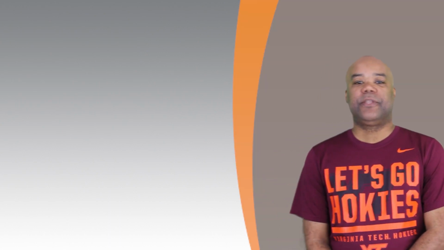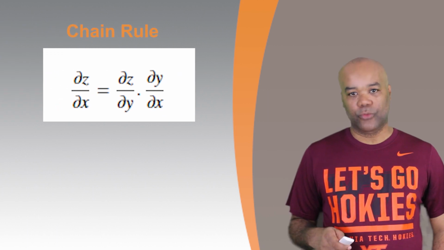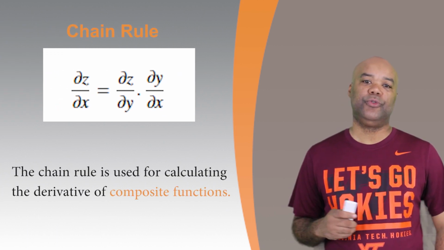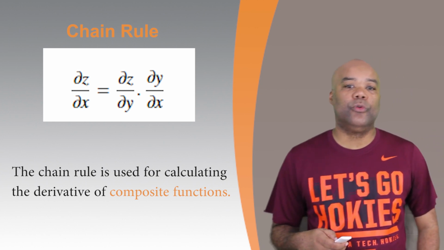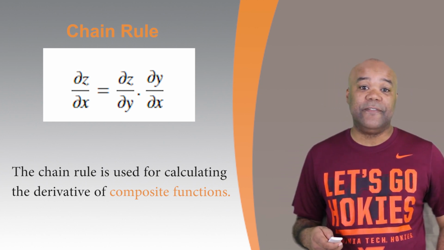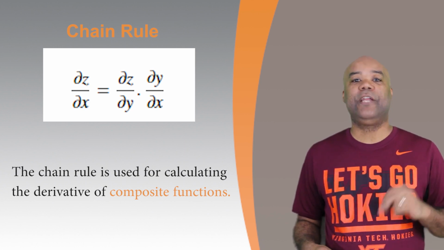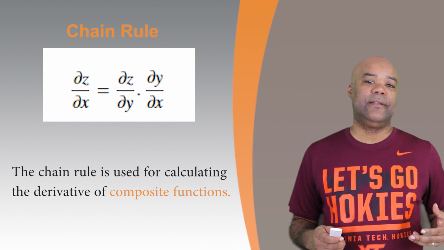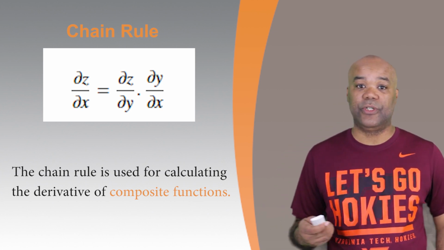Okay, so we just discussed the power rule. In calculus, there's also the chain rule, and the chain rule is used in gradient descent. The chain rule is used for calculating the derivative of composite functions. It can also be expressed in Leibniz notation, as you can see here.